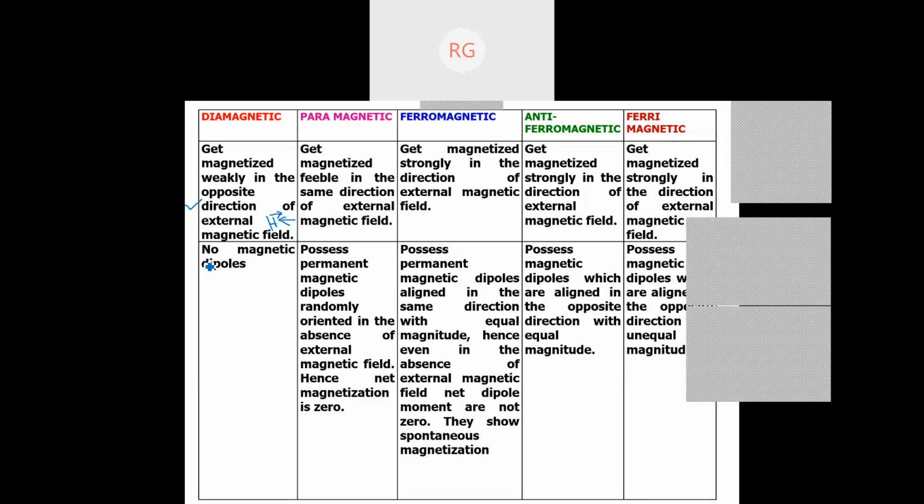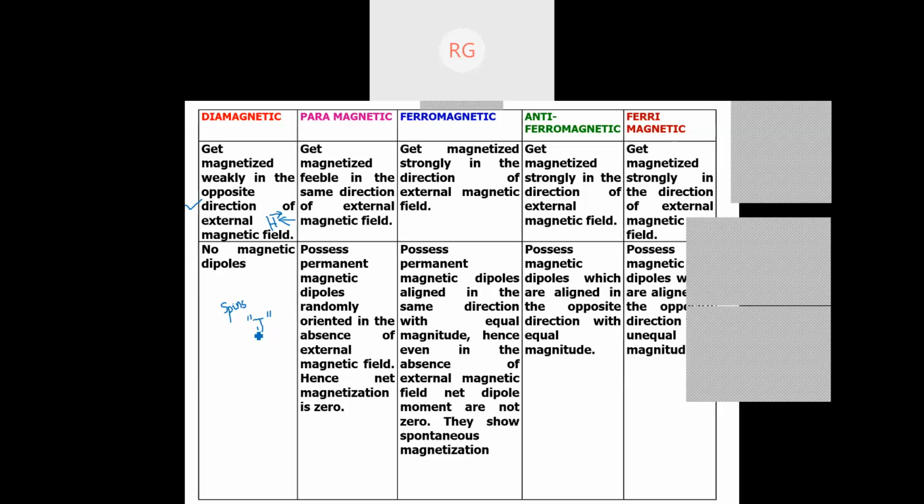And there are no magnetic dipoles. This is the most important point: diamagnetic materials have no dipoles at all. Dipoles are also called spins, but don't confuse these spins with the spin of the electron. Spins here means how the total angular magnetic moment J is aligned, and this J we generally call spin in magnetism.